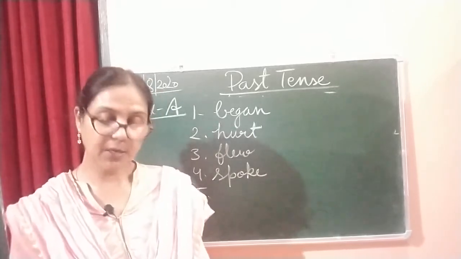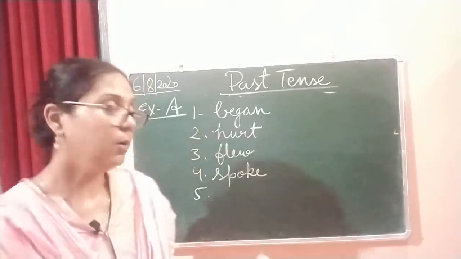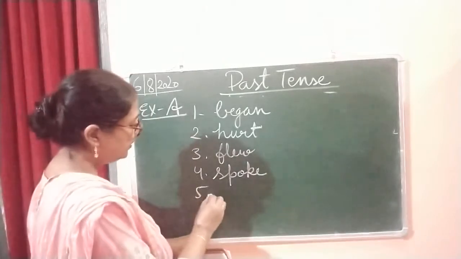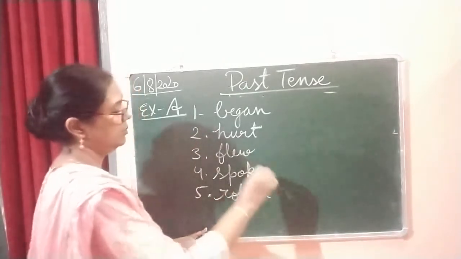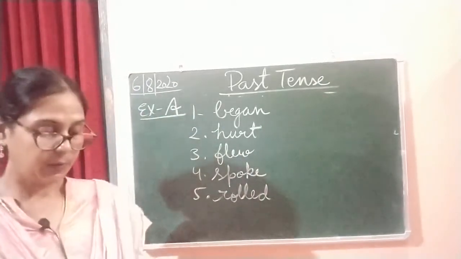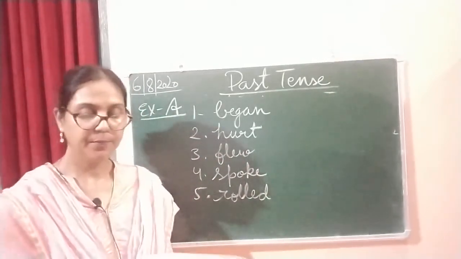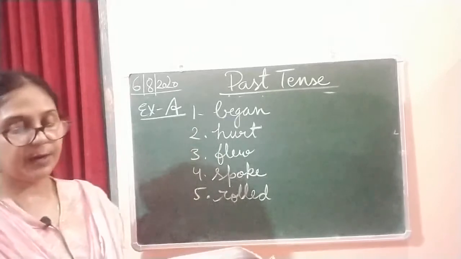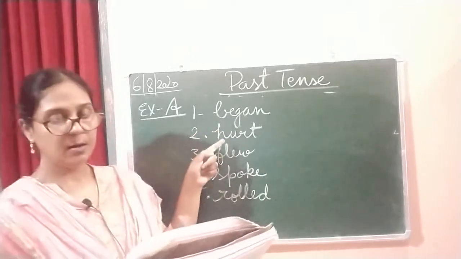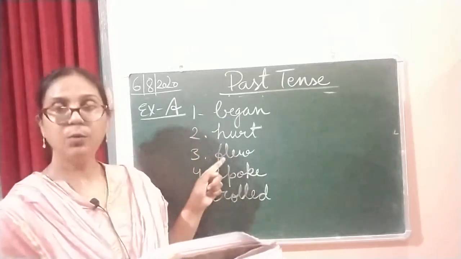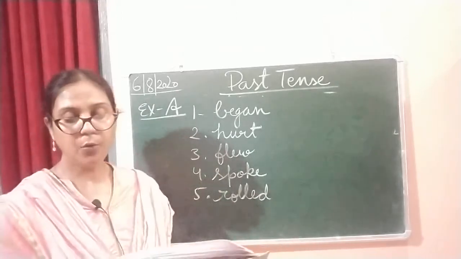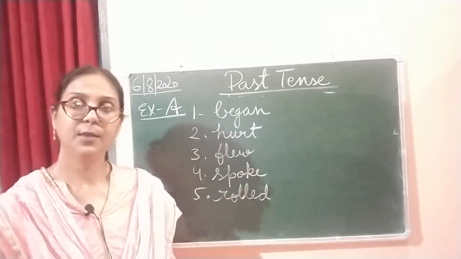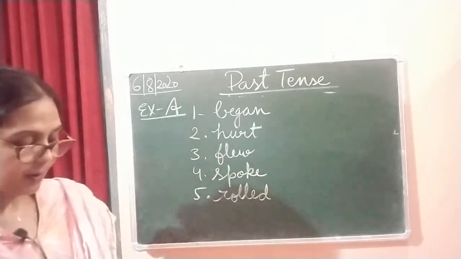In bracket it is given roll. So now we have to write in past tense. So what are we going to write? Rolled. In first we have written began, hurt, flew, spoke and rolled. The ball rolled down the stairs. Now this we have completed.